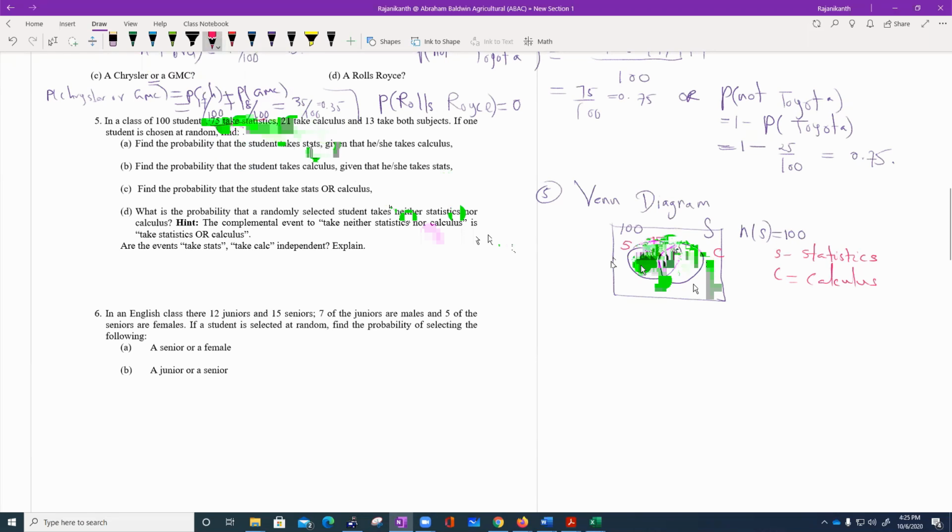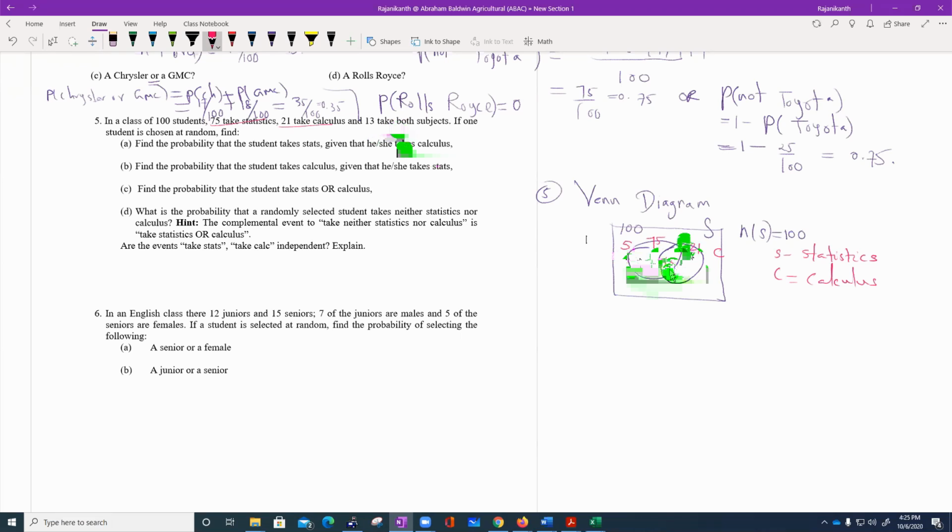They may have only taken statistics, or they may have both calculus and statistics. Therefore, I am writing that number on the circle of S. Again, 21 take calculus, so I'm putting 21 on the circle of calculus. 13 take both, therefore 13 should be in the overlap, those who are taking both subjects.